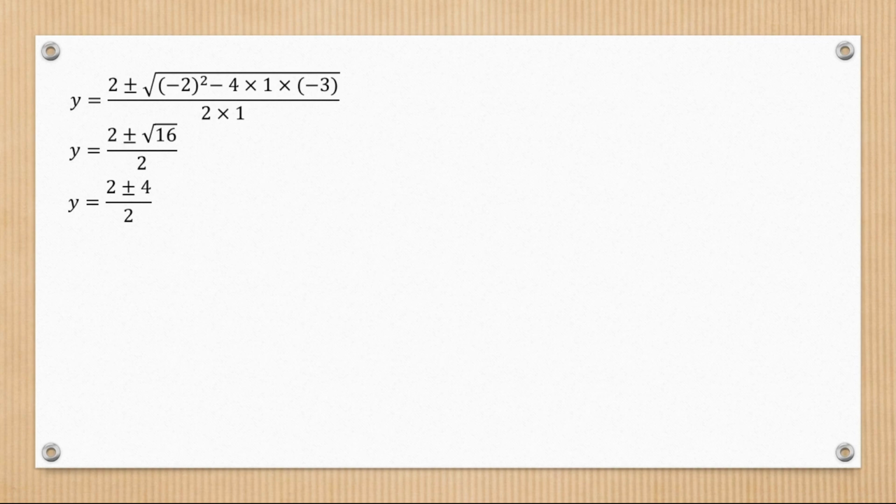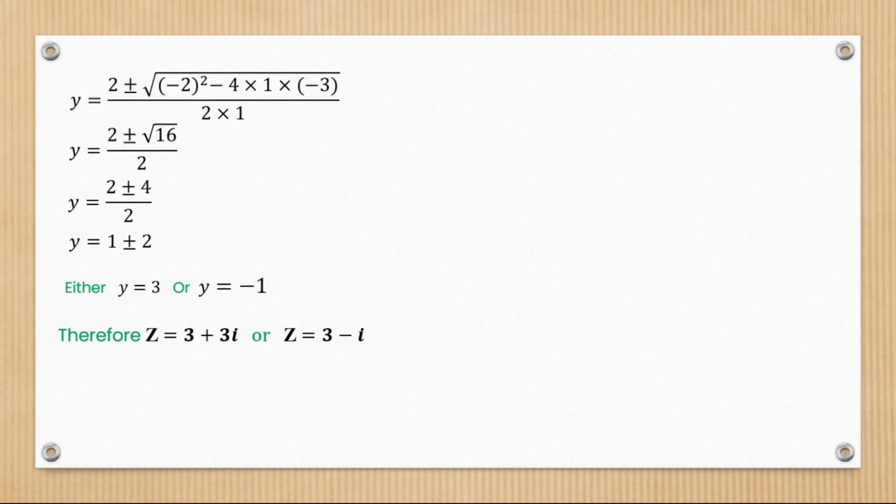Now I can divide by 2 on both sides, and then I'll end up having that. So my answers are either 1 plus 2 or 1 minus 2. So the two values of y are: y is equal to 3 or y is equal to -1. Therefore z is either equal to 3 plus 3i or z is equal to 3 minus i.